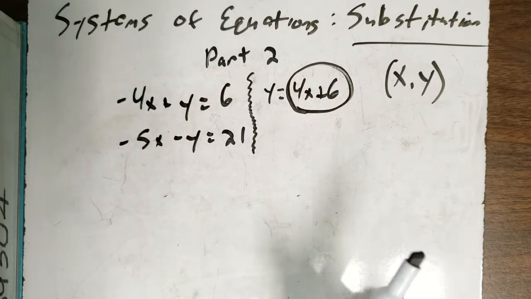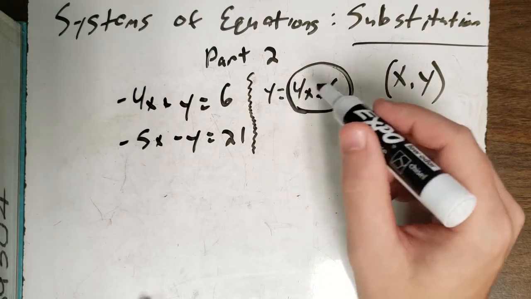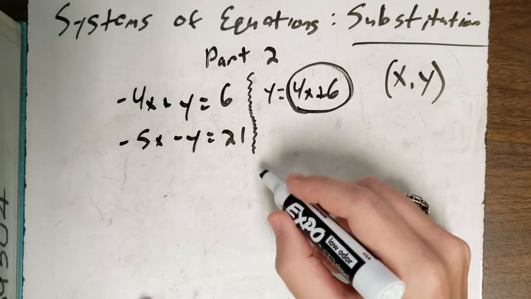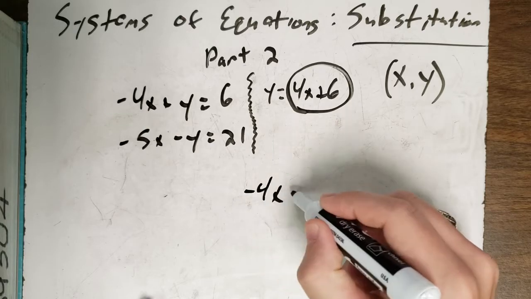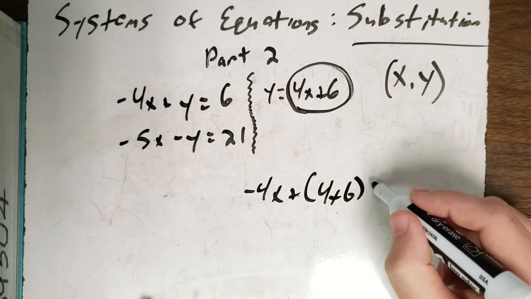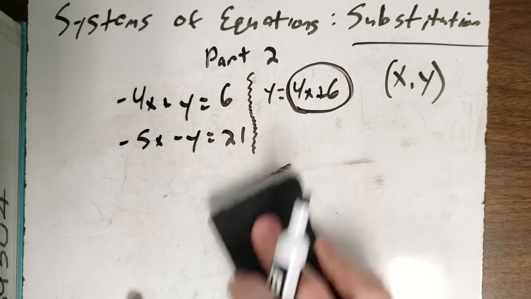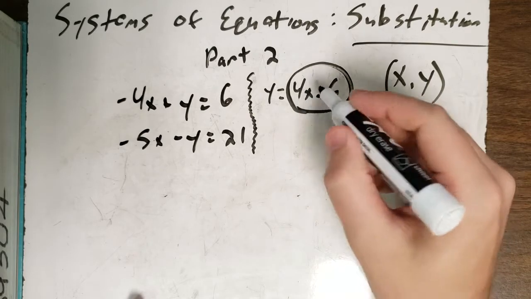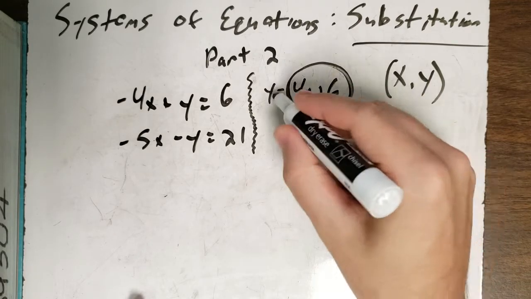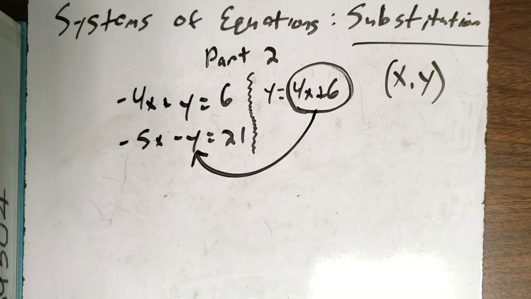Don't do that, okay? Don't do this where you use -4x plus, and then you have 4x plus 6, equals it. Don't do that, okay? You want to take this and plug it in, so that's y. Plug it into that y there, okay?